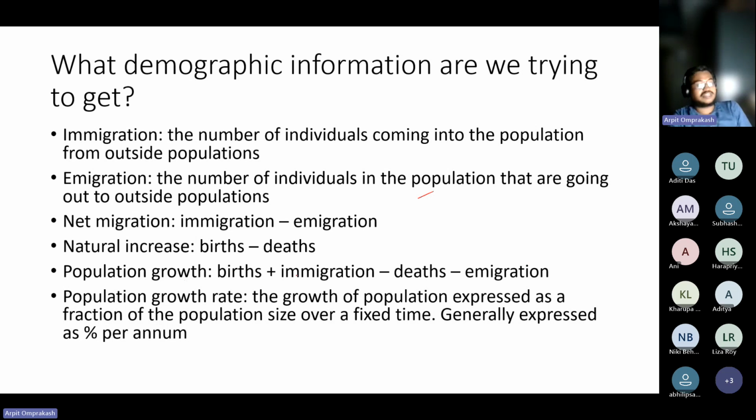So birth and immigration add to the population, and death and emigration decrease the population. We also talk about population growth rate, which is basically how much the population is growing every year, or over a fixed period of time, as a percentage of the population size. So generally it is expressed as percentage growth per annum. Right.